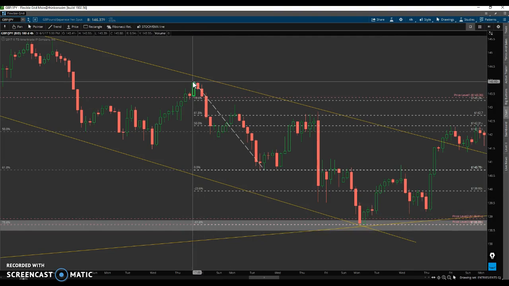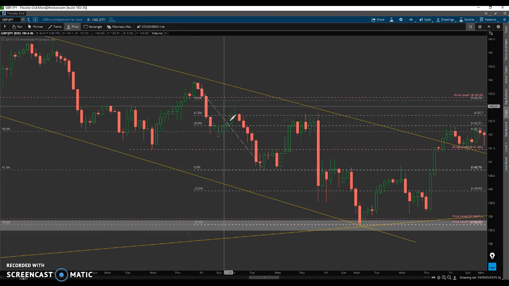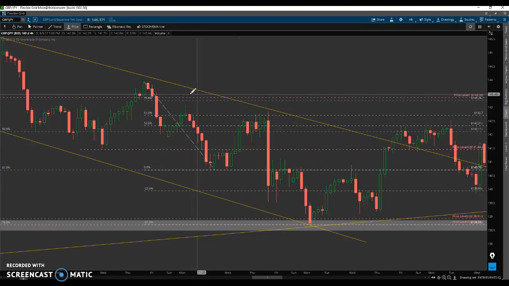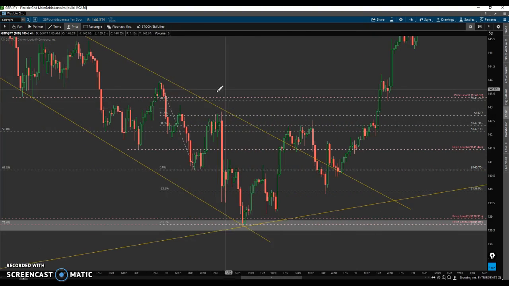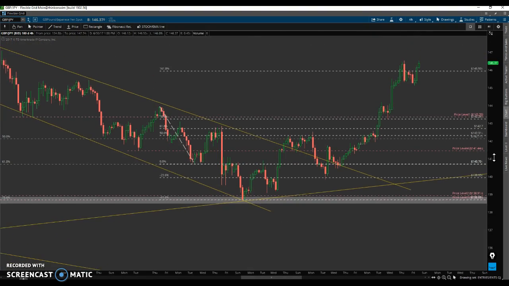You can see from this move here that broke this structure level, we had a nice retracement back up into the 50 and 61.8, which lined up pretty nicely with that downtrend line on the 4-hour chart.